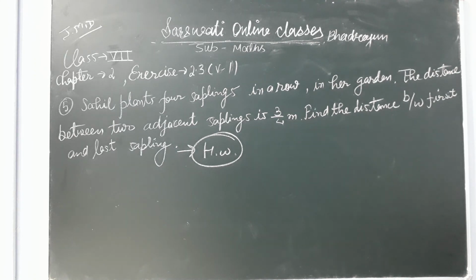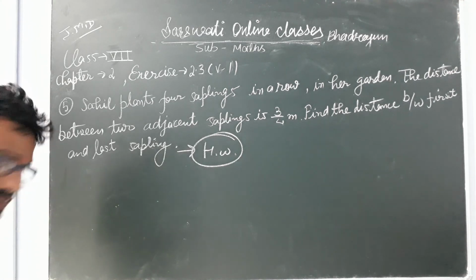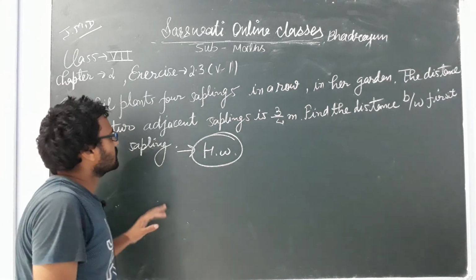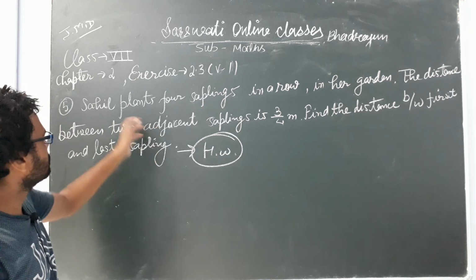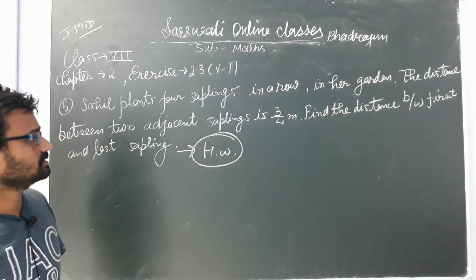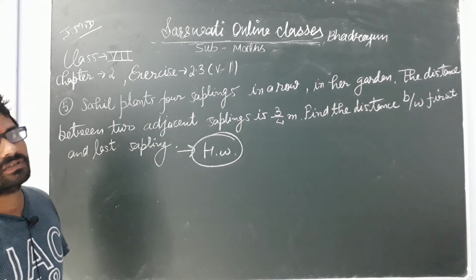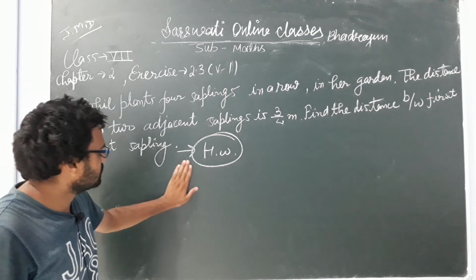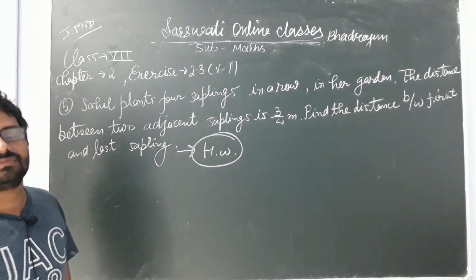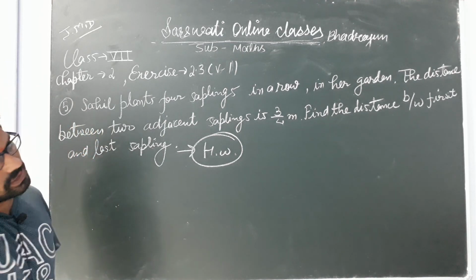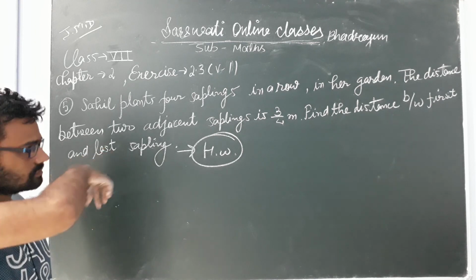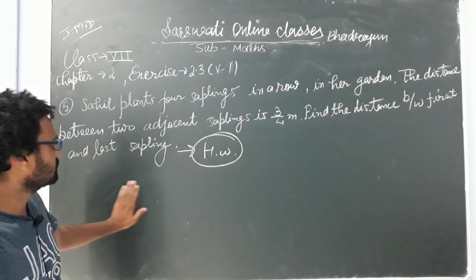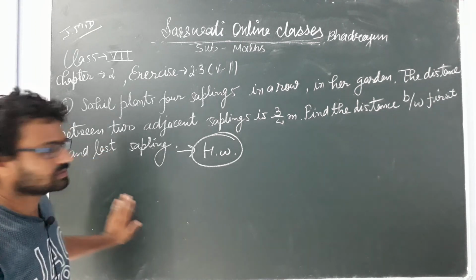And it is very simple also. If you are able to understand what is written in this question, then the question will be 90% done. 10% is calculation part only. Got it? So I hope you will have no problem in solving this question.